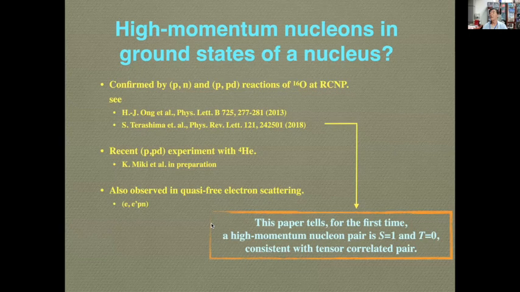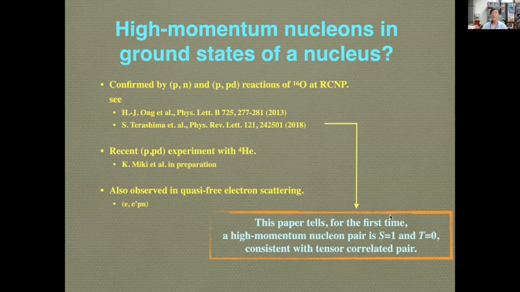And is there really high momentum nucleons in the ground state of a nucleus? Actually, I wanted to skip this one because it was published several years ago. It's a transition of the oxygen 16, looking at the oxygen 16 ground state. And there the high momentum nucleon pair is S equal 1 and T equals 0.